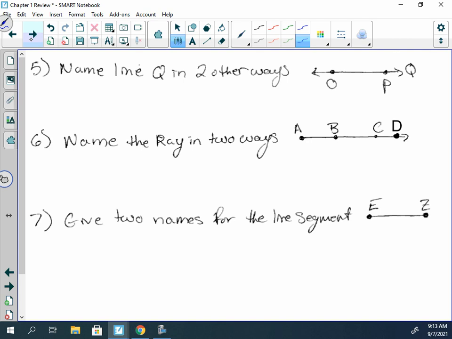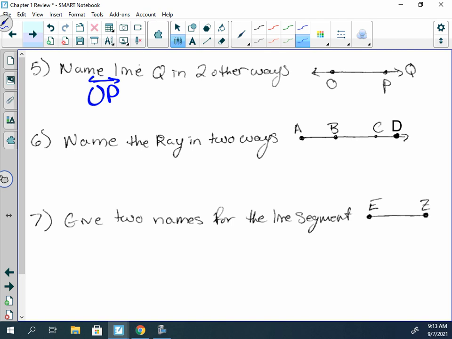Name line Q in 2 other ways. Questions on 5, 6, or 7? Because number 5, we could say OP or PO, and we would have the arrow markers.